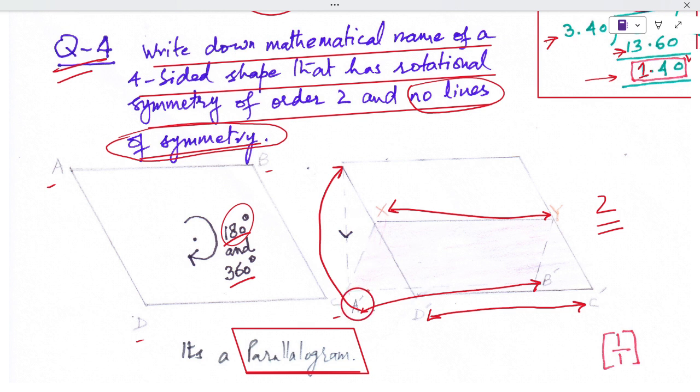That means it is not overlapping. This means that XY is not a line of symmetry.